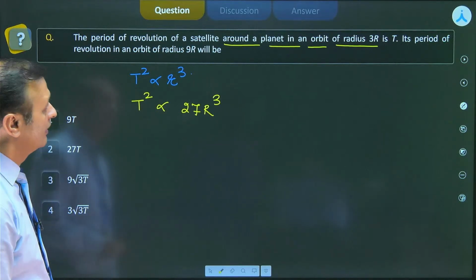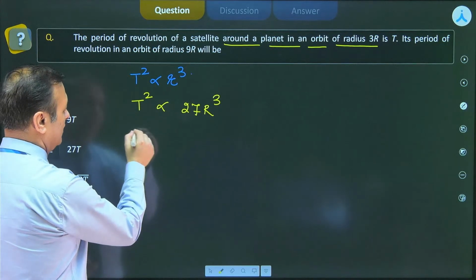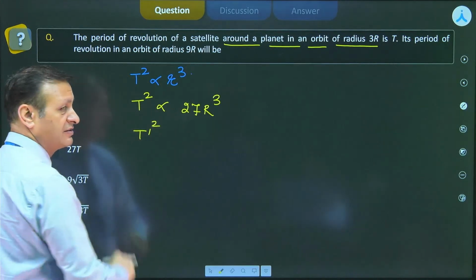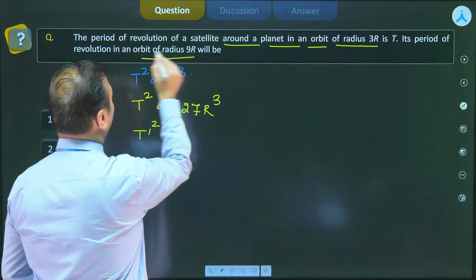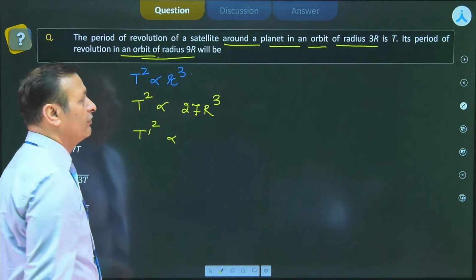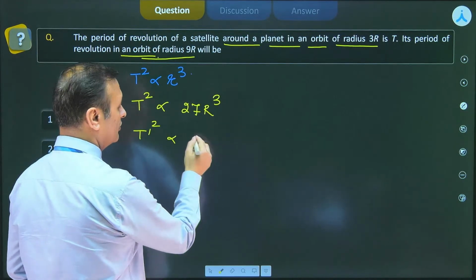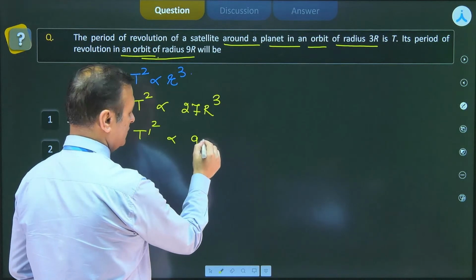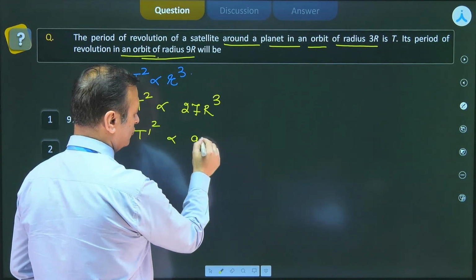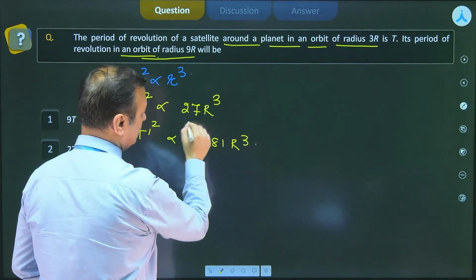Fine. And its period of revolution in an orbit of radius 9r, let the time period be taken as T dash. So this is the orbit of radius 9r. So the cube of 9r is what? Let it be very clear, because we have to ultimately take the ratio.